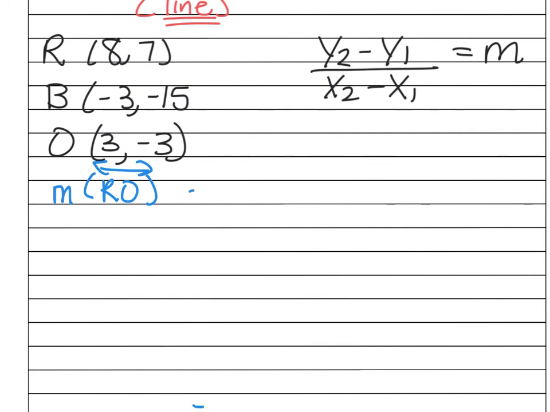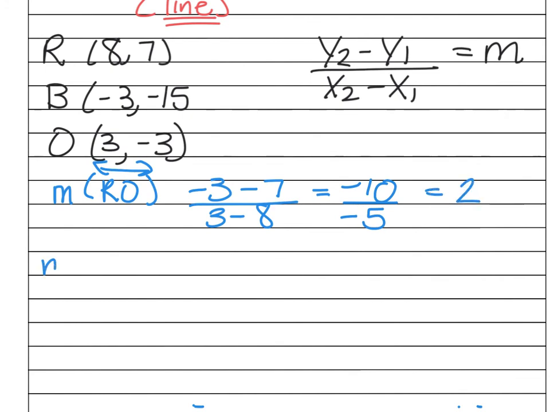So you're going to plug in negative 3 minus your y1, which is 7, over 3 minus 8. Again, I'm getting that from my y2 minus my y1 over my x2 minus my x1 because I'm looking at these 2 points. So I go ahead and solve that. I get negative 10 divided by negative 5, which gives me 2.